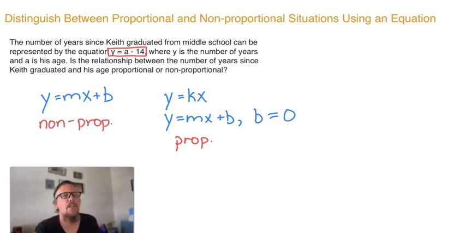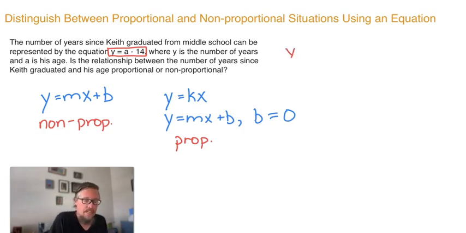When we look at this equation, y = a - 14, it does have a constant added or subtracted onto the end. It has a minus 14, which means if we were to graph this relationship, it would have a y-intercept of -14. To be a proportional relationship, it needs to have a y-intercept of (0, 0), the origin.